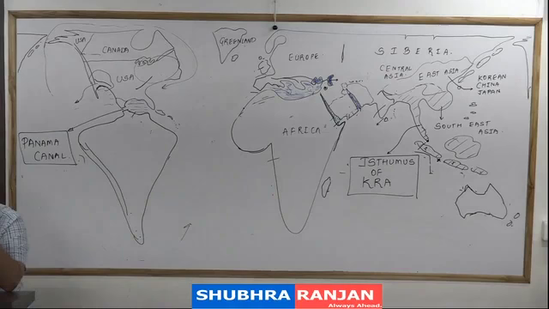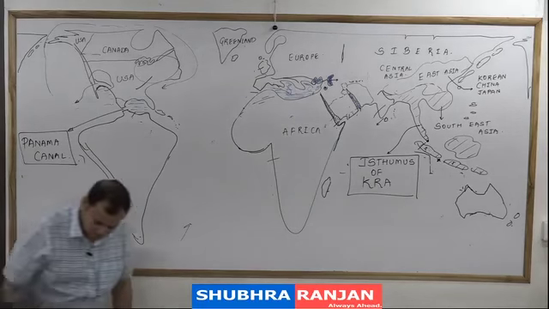So remember, the importance of an isthmus is that it can be used for making canals. Example is the Panama Canal. Now open the map of North America.